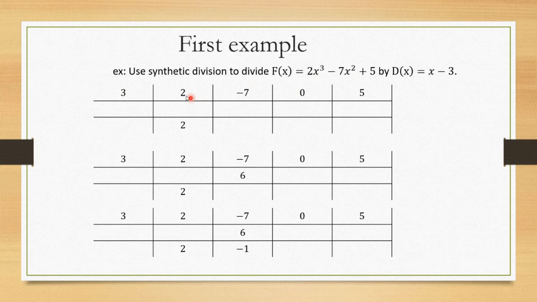So again, how do we do this? The 2 comes down, as you can see. That is, whatever's up here, that comes down. You do 3 times 2, and that's going to go below, that's a 6.